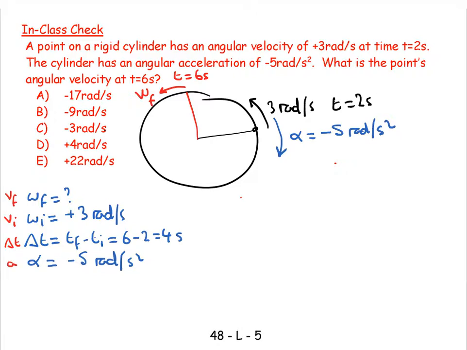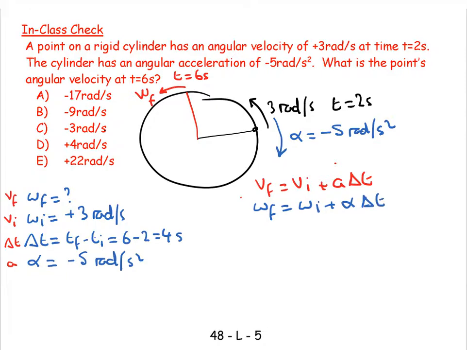I suspect you'll say, well, vf is equal to vi plus a delta t, because you studied it before. Then omega f is equal to omega i plus alpha delta t.